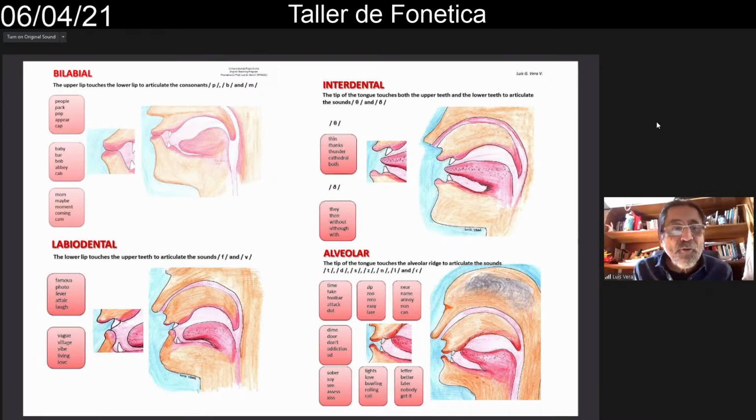Say people, pack, pop, appear, cap, baby, bar, Bob, Abby, cab, mom, maybe, moment, coming, cam.